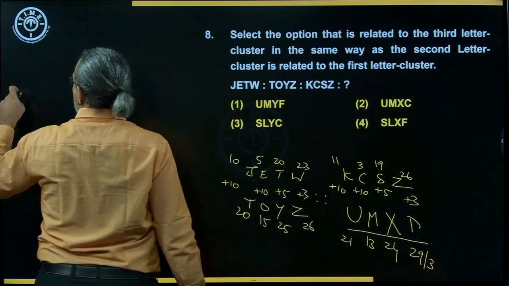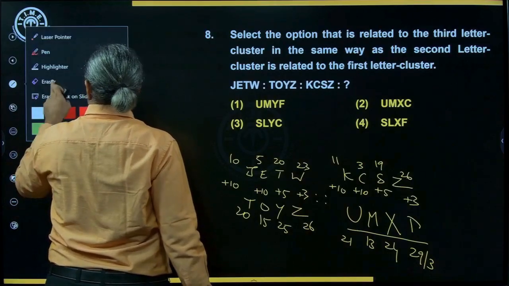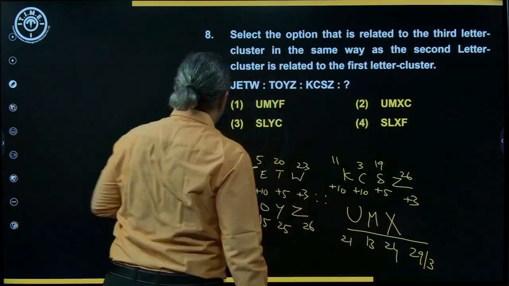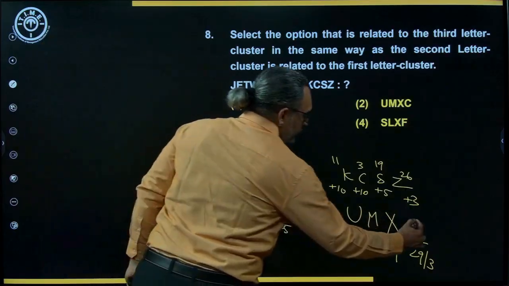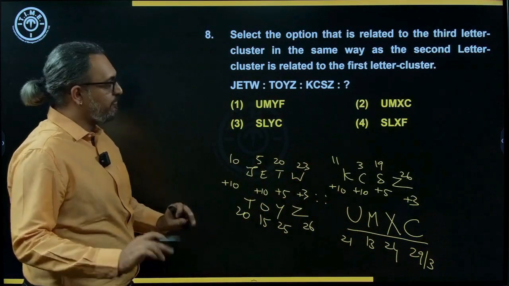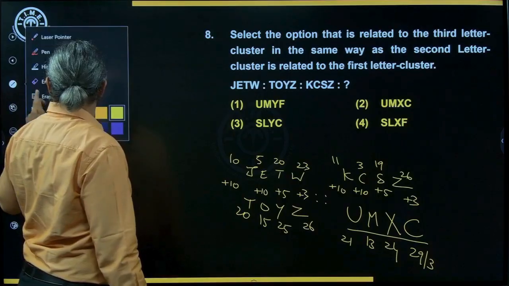So third alphabet we have is C. Okay, UMXC. That is what we pick as our answer.